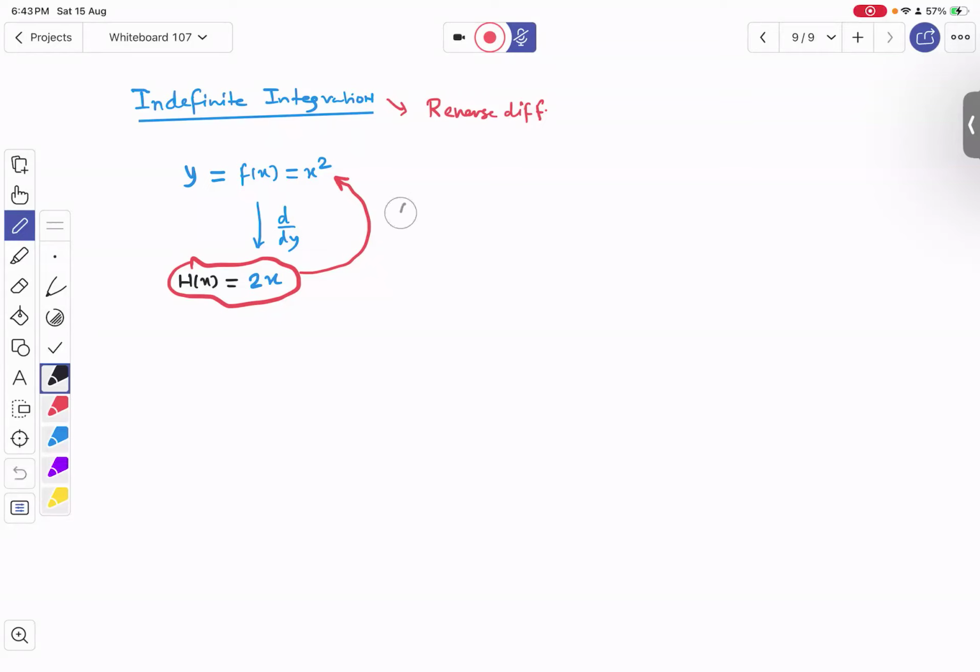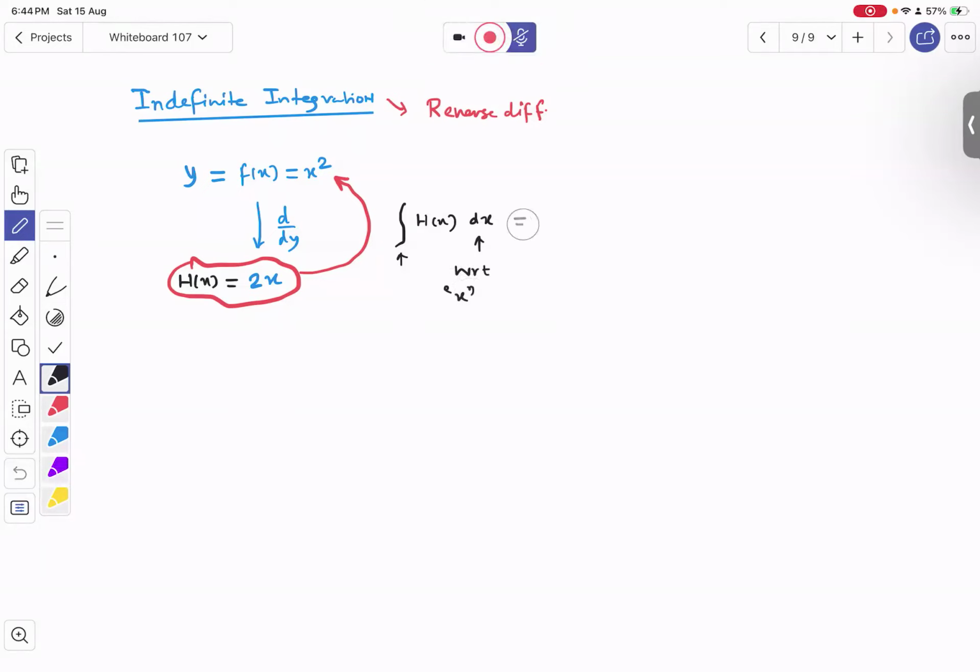The symbol or operator we use to do the integration is this operator. What function am I going to integrate here? H of x. And with respect to which variable will I perform the integration? It must be x only. So to write that, we'll write dx. Dx written here means we have to perform the integration with respect to the variable x.